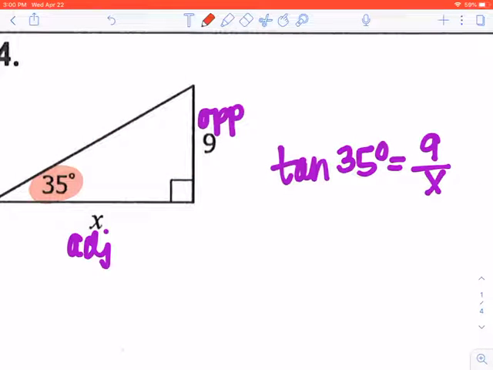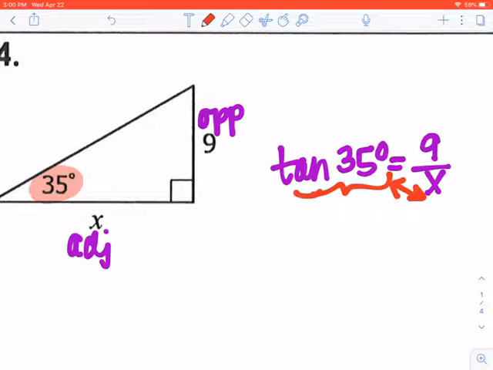Now, the difference here is x is in the denominator. So you could do a couple things. You can divide by 9 and then flip it over, or you can multiply by x and then divide by tan 35, or you can cross multiply too. The shortcut on these problems, when x is in the denominator, is to take this tan 35 and just flip it with the x.